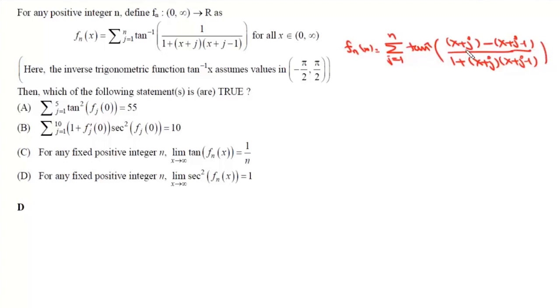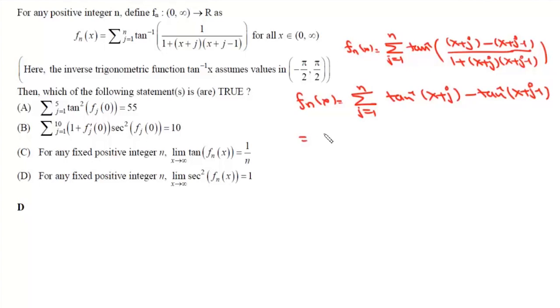Now this is tan⁻¹((x − y)/(1 + xy)), which is tan⁻¹x − tan⁻¹y. So we'll write this fₙ(x) as this summation, j varies from 1 to n, tan⁻¹(x + j) − tan⁻¹(x + j − 1).